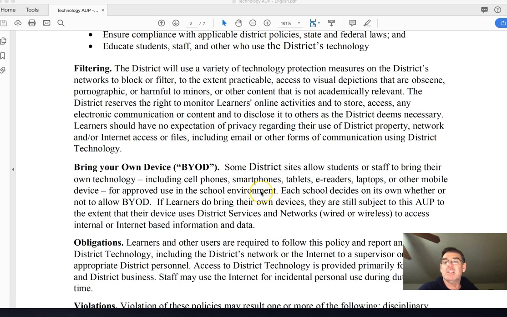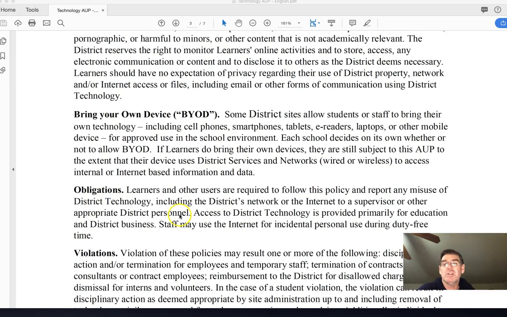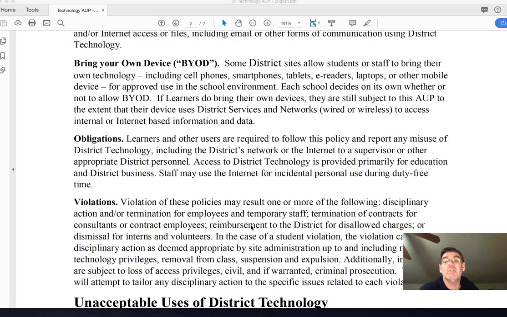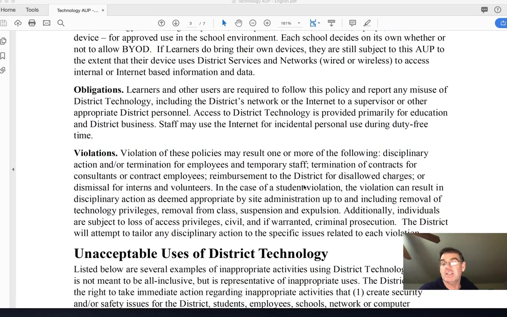This is included even when you bring your own devices. So Fresno Unified Information Technology wants you to bring your own device and has no problem with you bringing your own device, but you still have an obligation to follow the district rules even on your own devices when you're logged into or at a district site.